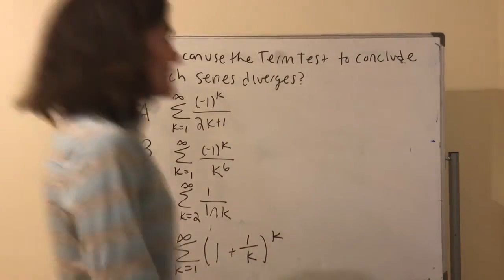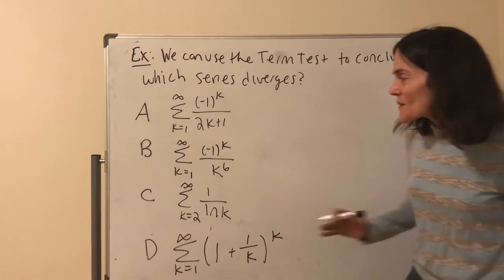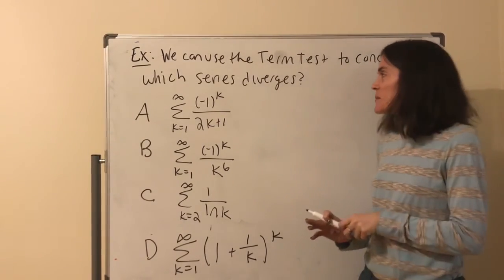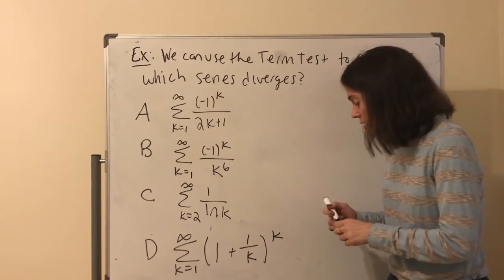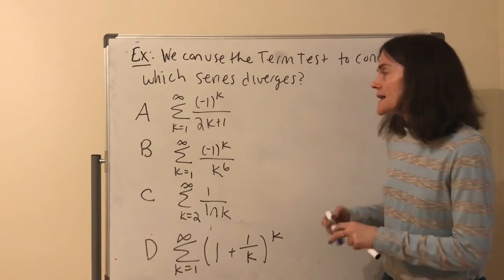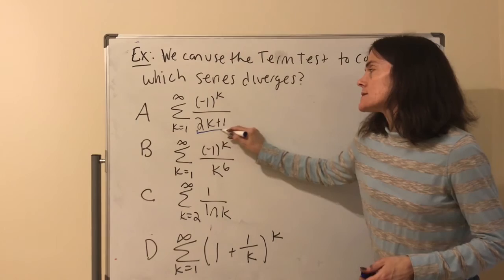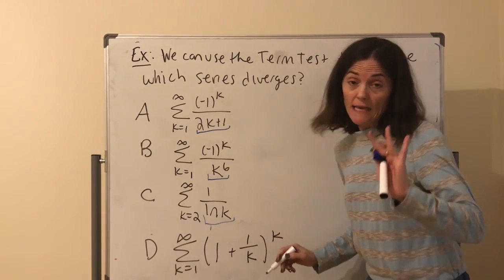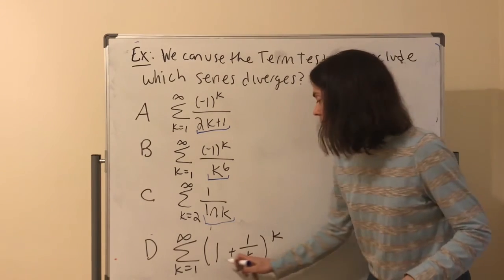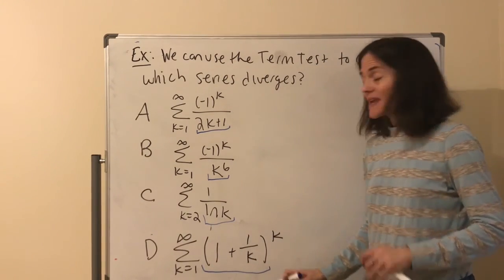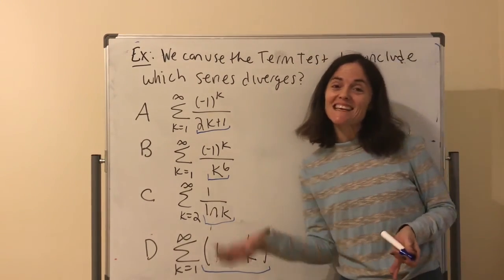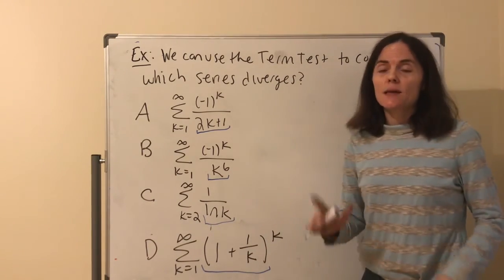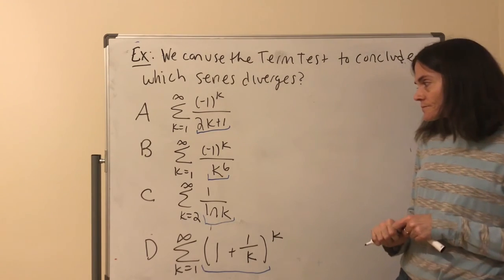Okay, here I am. This question is really a question about sequences because it's asking us to use the term test. So what I need to do is think, in all of these, I just look at the terms, and I'm trying to figure out, it should be the case that only one of them, the terms, go to something other than 0. Either the limit of the terms does not exist, or the limit of the terms exists and is some other number than 0.